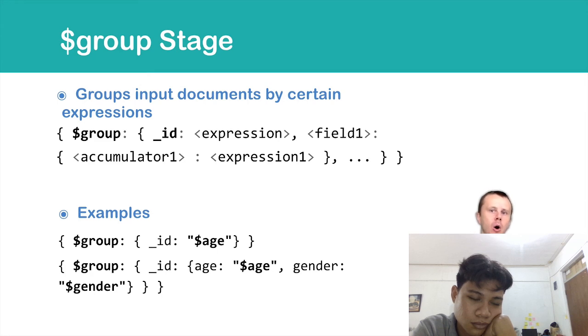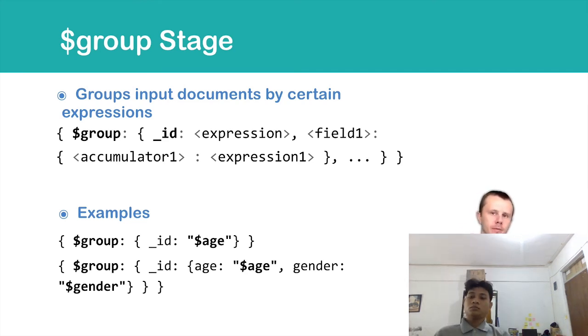So we will find all unique pairs of age and gender in the input documents, and will output them in separate documents. And again, each output document will have just one field, _id. And in this second example, this field will have a nested document as a value. And this nested document will have two fields of its own, age and gender.